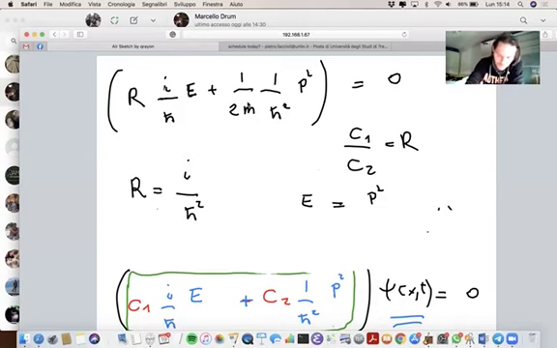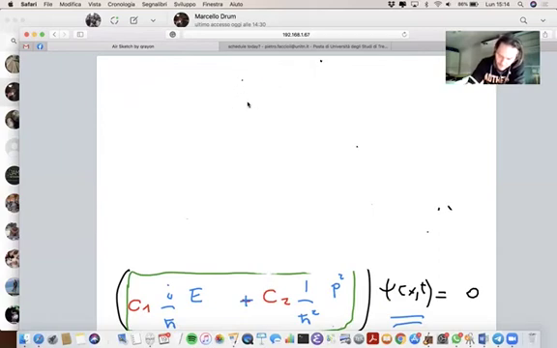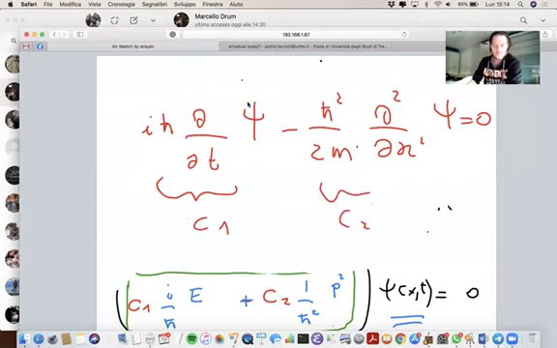So eventually, all it boils down to is that my equation describing the wave with this equation will be the equation I'm looking for. So I can identify this with C1 if you want, and this with C2.